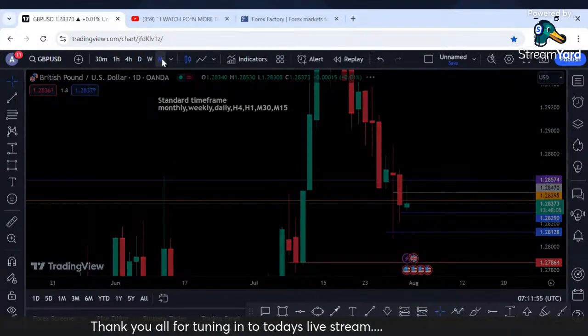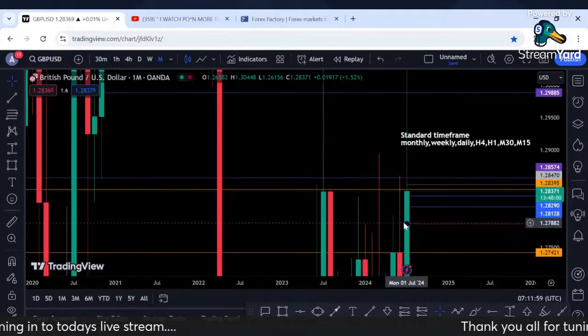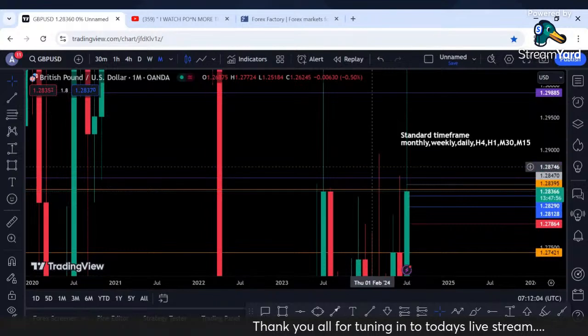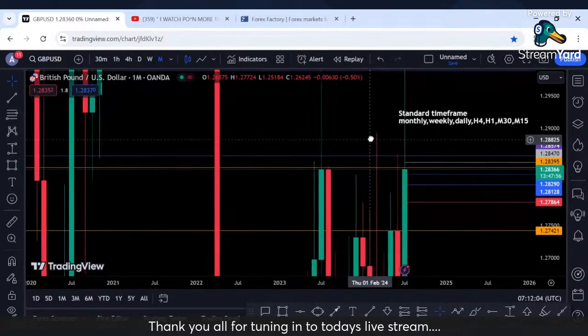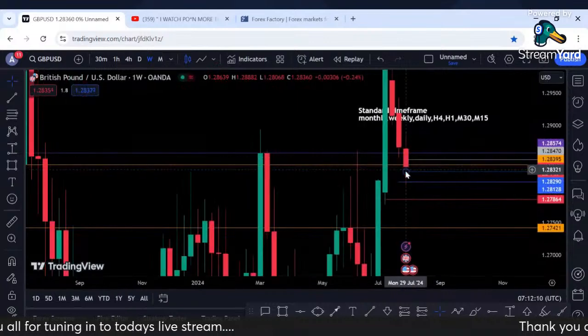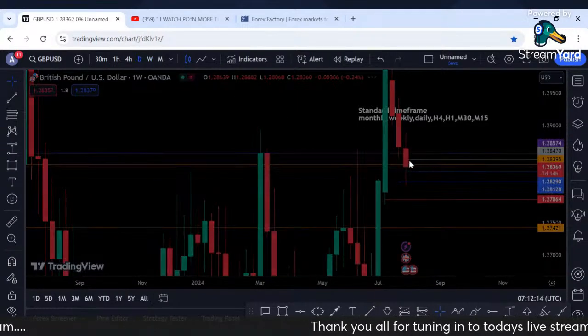When you click on the monthly time frame, what it means is every month one candle is formed. Every month one candle opens and closes. When you move to the weekly time frame, every week one candle opens and closes.